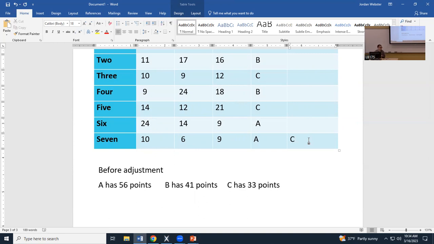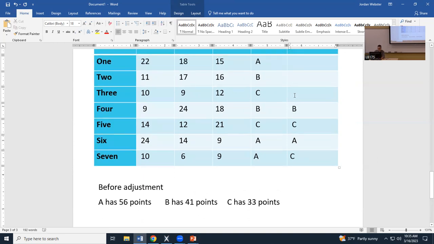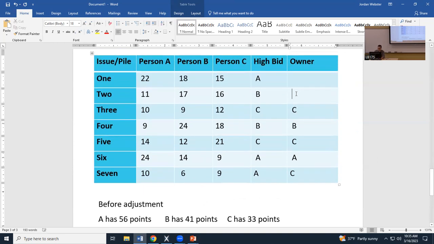Now that's not perfect because A and C were 23 points different, but it still gets me closer. Is that all right? So let's do that, and keep everything else the same.